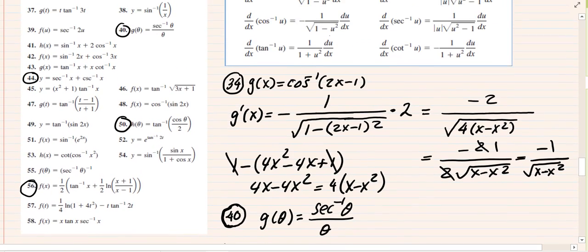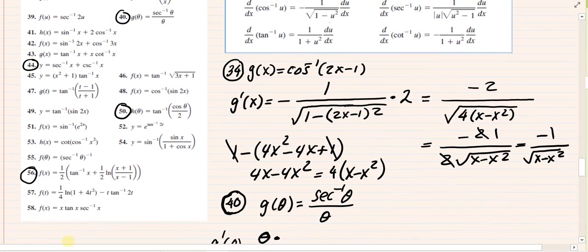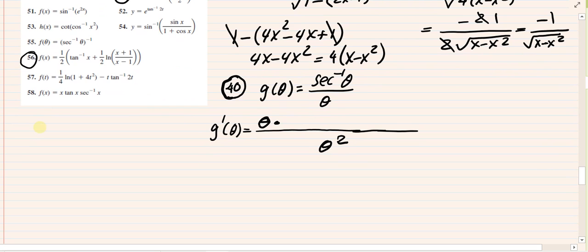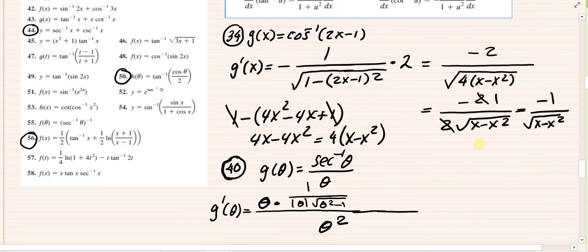Okay, for secant inverse, we're doing the derivative of secant, so it's going to be 1 over the absolute value of theta times the square root of theta squared minus 1. I just did what's in the formula.